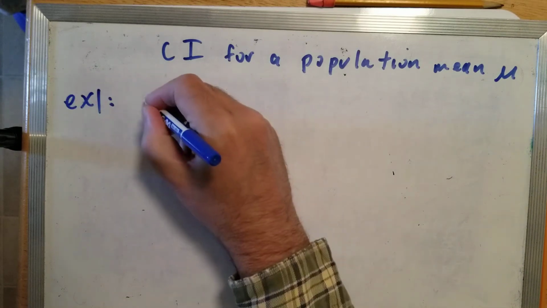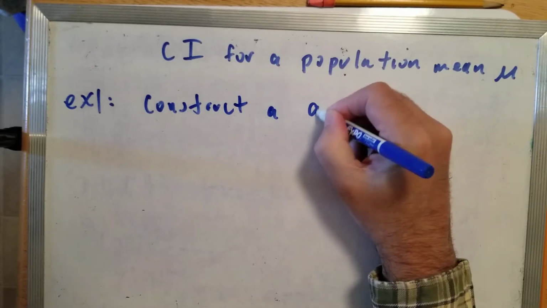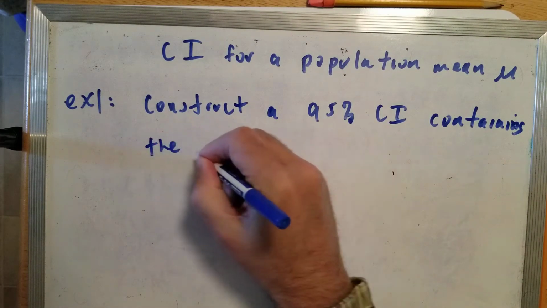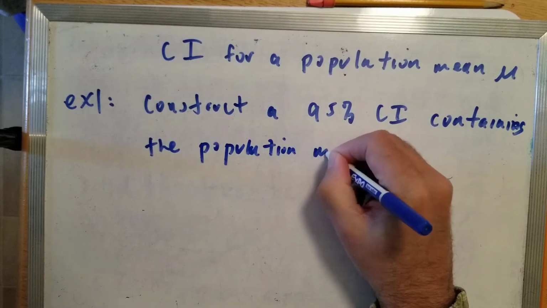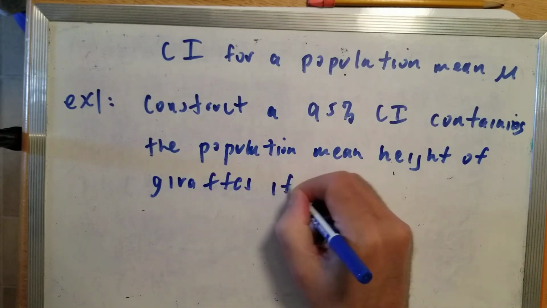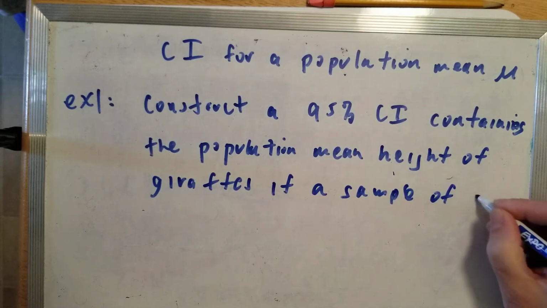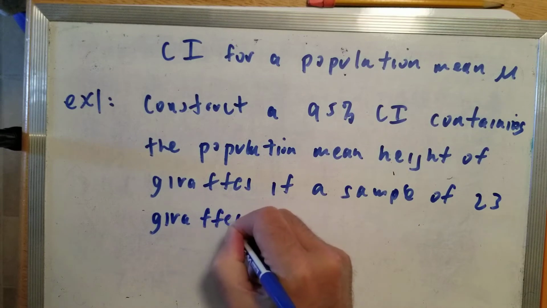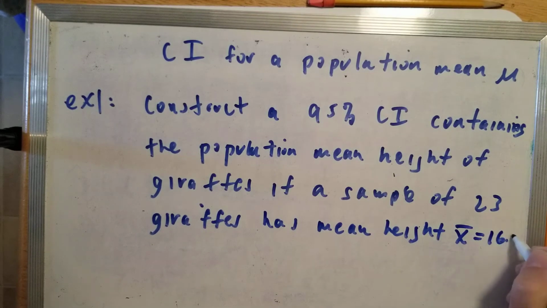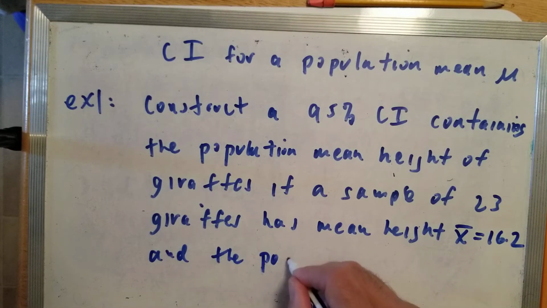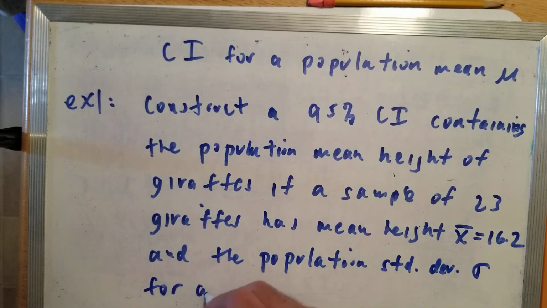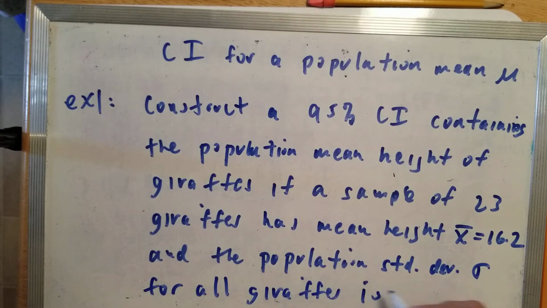So here's example one. Construct a 95% confidence interval containing the population mean height of giraffes if a sample of 23 giraffes has mean height x bar equal to 16.2 and the population standard deviation sigma for all giraffes is 2.1.